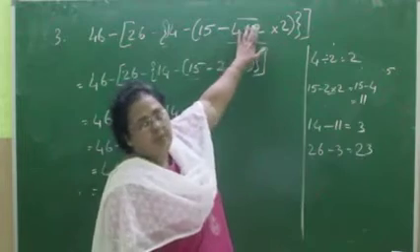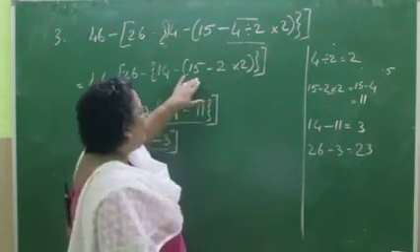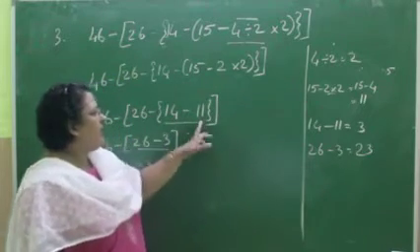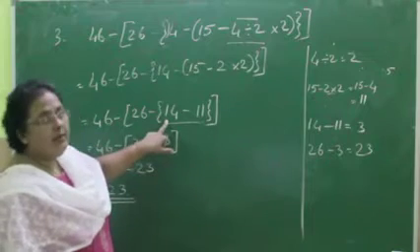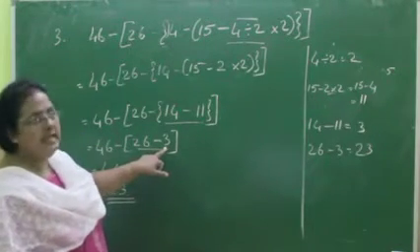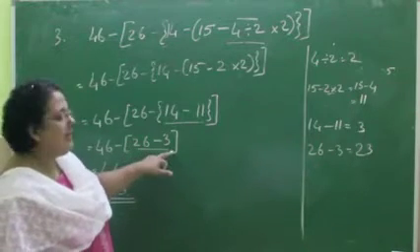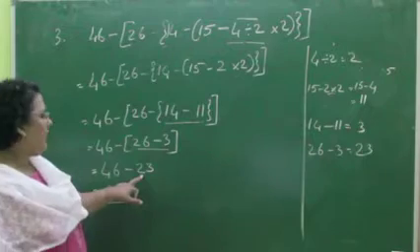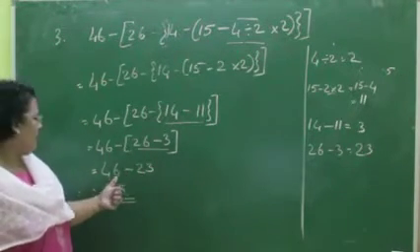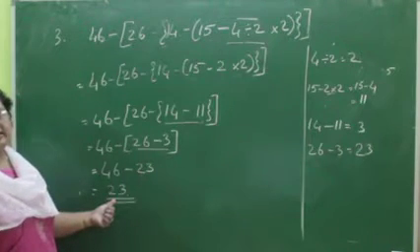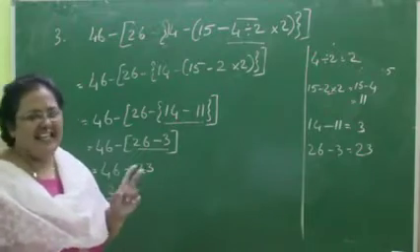The first one, bar bracket, we did, we got 2 as the answer, and then we did the common bracket, we got the answer as 11, and then we did the curly bracket, we got 3, and then we simplified what is inside the square bracket, we got 23, and then only one operation is left, that is subtraction. We subtracted, we got 23. Okay, so this game is over. So we will go for the next game.